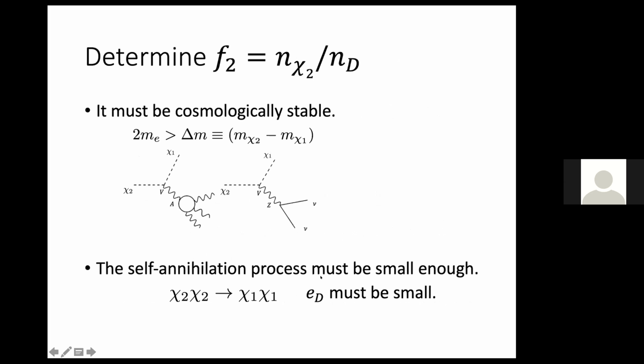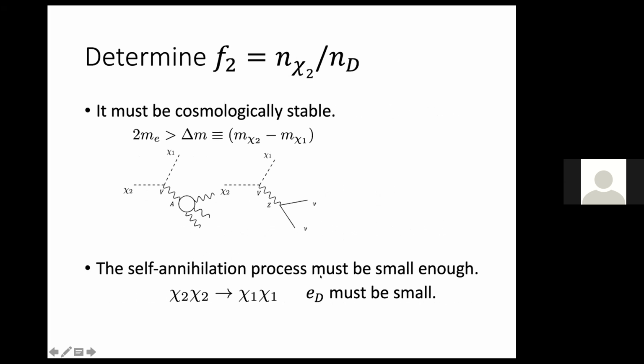So, to calculate the direct detection signal, we need to know the fraction of the excited state in today's universe. Because it is not a ground state, there are several ways for it to be converted into the ground state during the evolution of the universe.